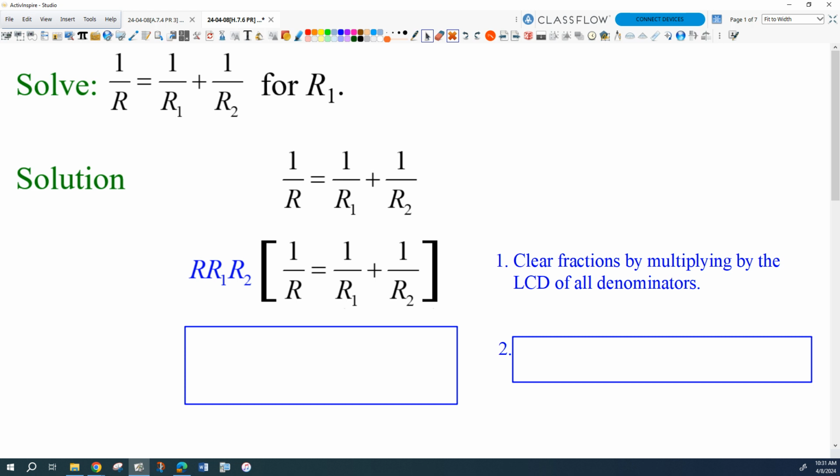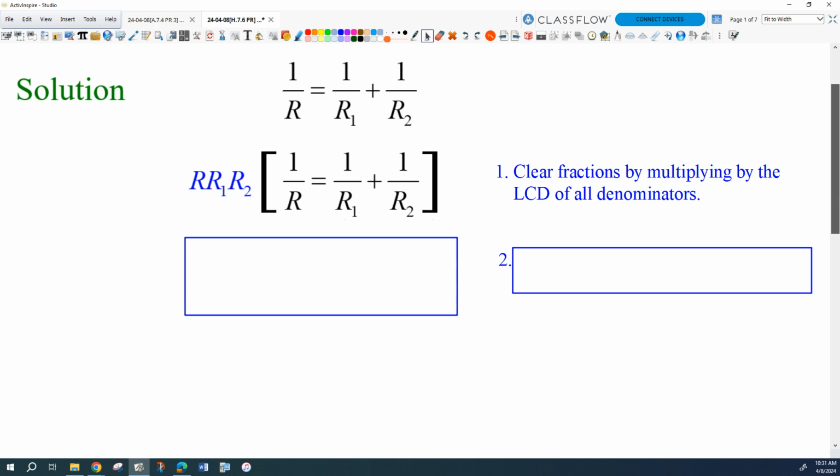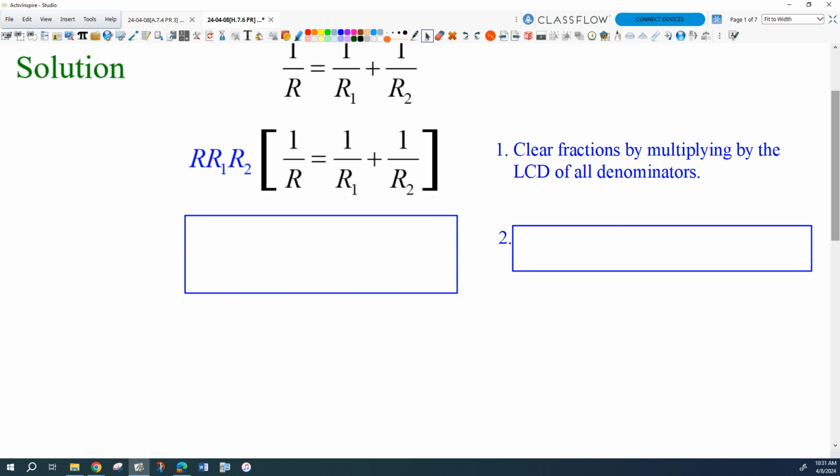So if I distribute that through, what am I going to get for the first term over here? If I distribute, I'm really just doing this, right? I'm just going to distribute that to each term. What do I get for the first term? R1, R2, right? Because the R's would cancel. Good.